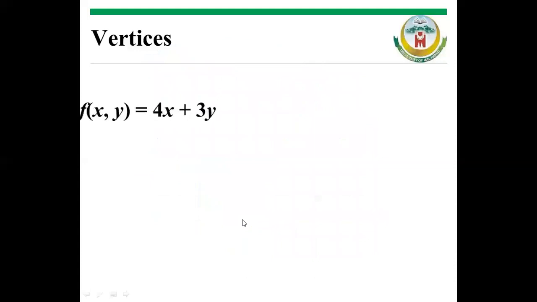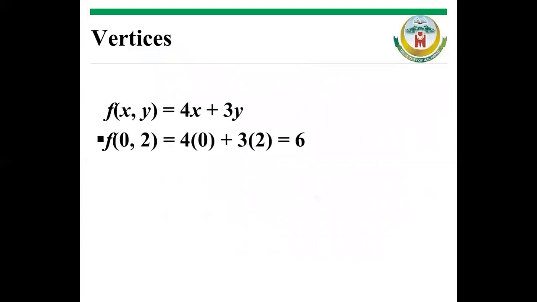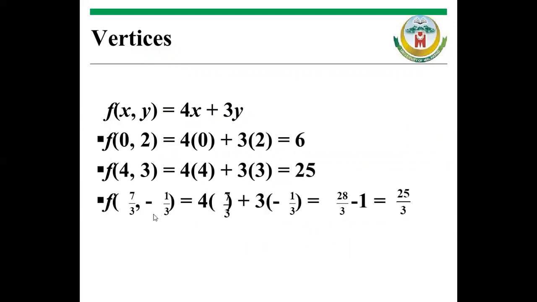Now what we are doing, we are putting this 0, comma 2 in this function, and then 4, comma 3 in this function, and then 7 over 3, comma minus 1 over 3 in this function, and we are getting these three values: 6, 25, and 25 over 3.